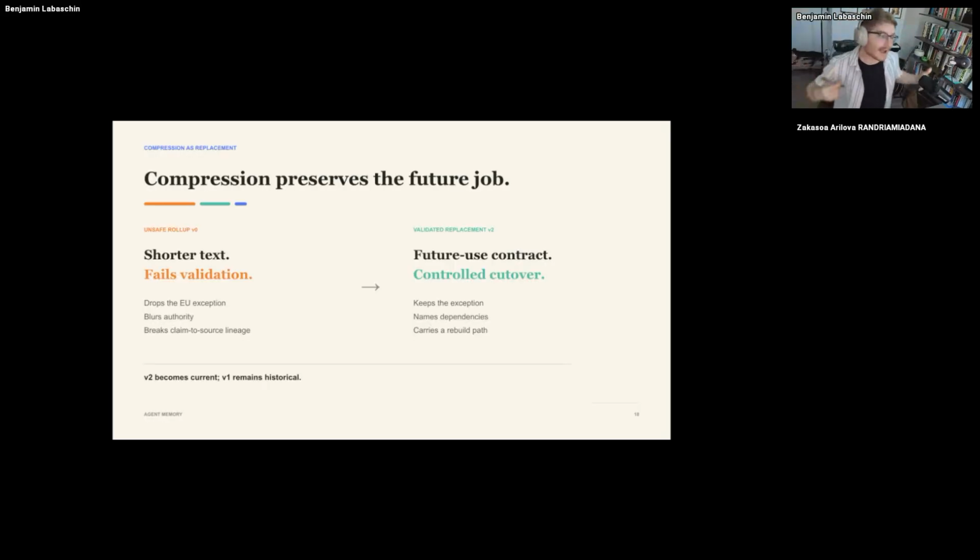Now, my favorite part of this subject matter is compression. Compression is really interesting. The problem is compression is very difficult to do well, because let's say summarizing text, language is not numbers.